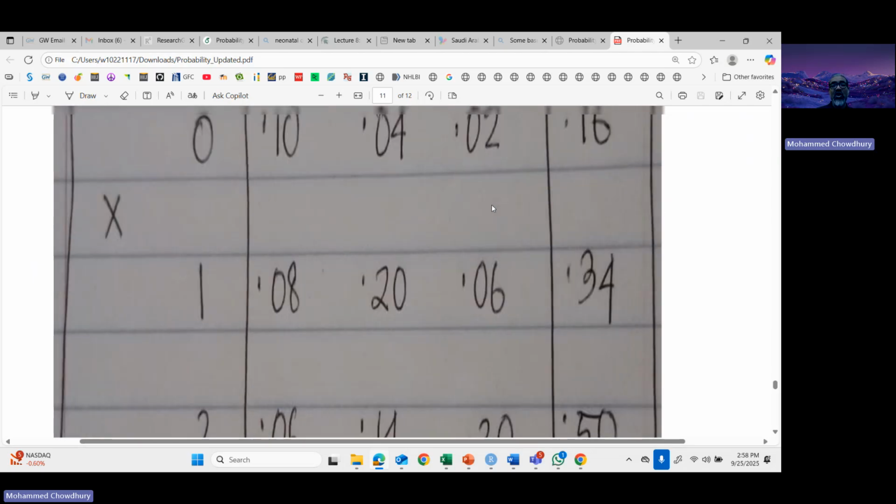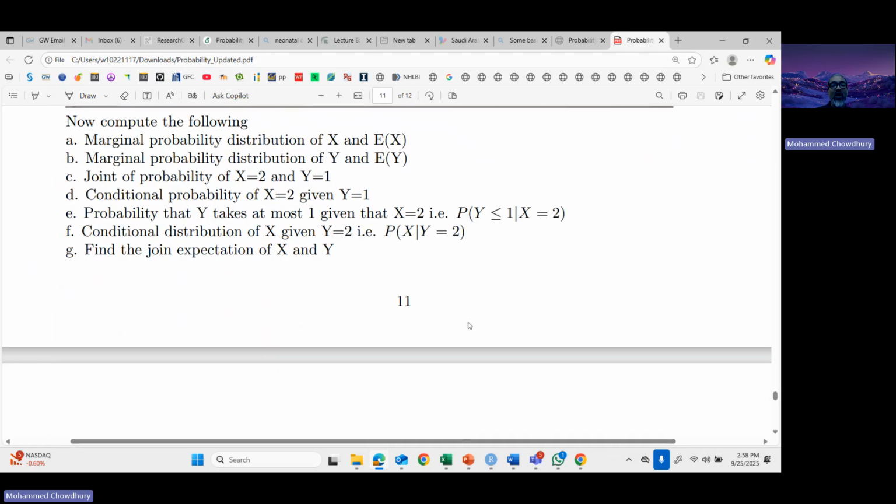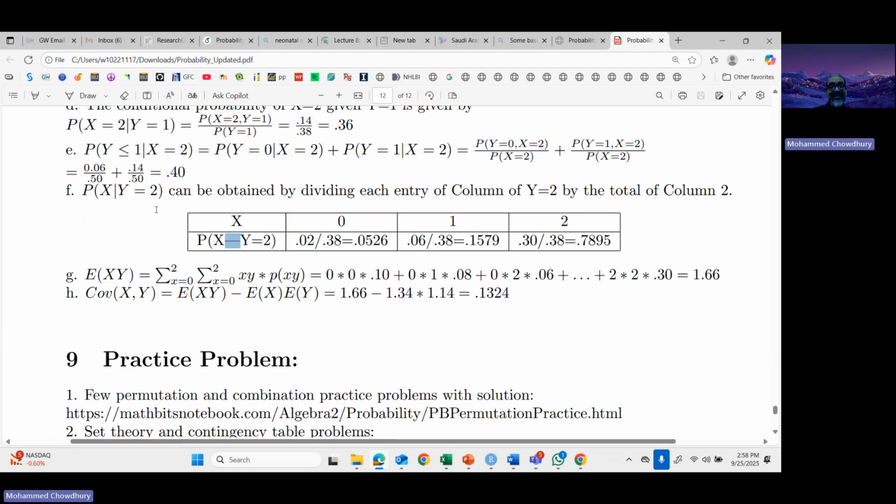Each joint will be divided by the marginal, because y is given as 2. So we can obtain this by dividing each entry of the column of y equal to 2 by the total of column 2, which equals 0.38. Each of these I divided, and I got this.